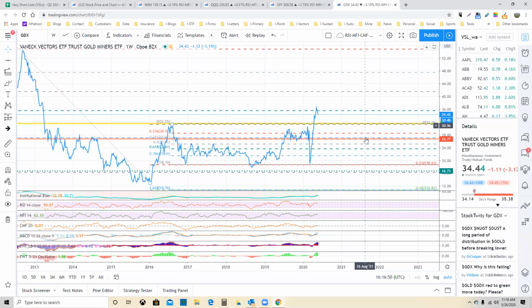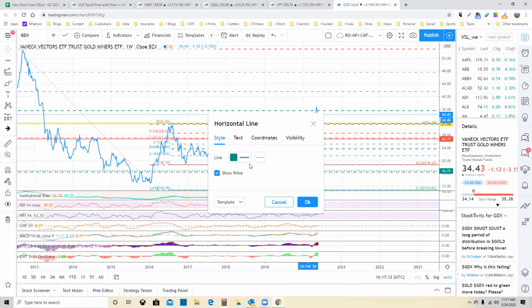Yeah, this comes down to about 31. I think you buy it because I think the breakout is real. I think that the shortage in gold is really going to support these guys. I don't think we get that super low level again.